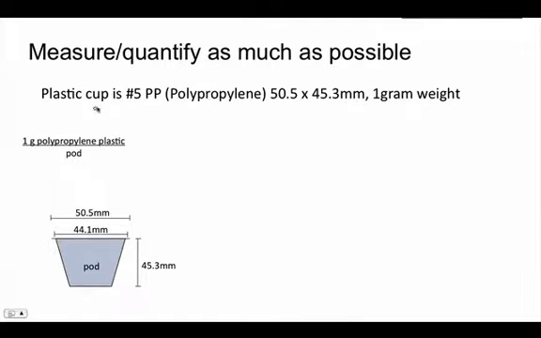This is the information that I pulled out literally by just looking at and measuring my cup. We want to put it over its functional unit, and for this I want to put it per pod. That's my functional unit. With this, we can say for each pod, we have a certain amount of polypropylene.